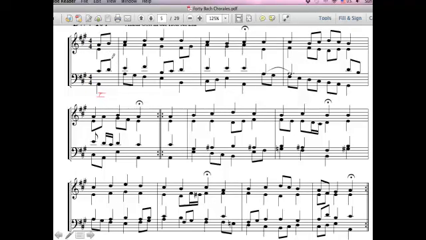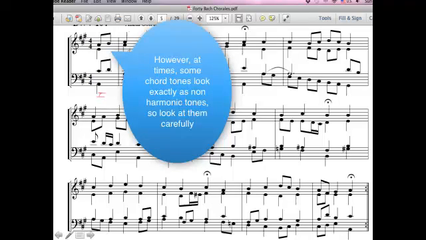Now the question is what's going to happen next. Next we have A, C sharp, E, A again. Ignore these two notes for a little bit, because I want to make sure that this is an actual chord. Obviously these are going to be non-harmonic tones, or non-chord tones, but in order to know what they are, I have to figure out what this chord is.